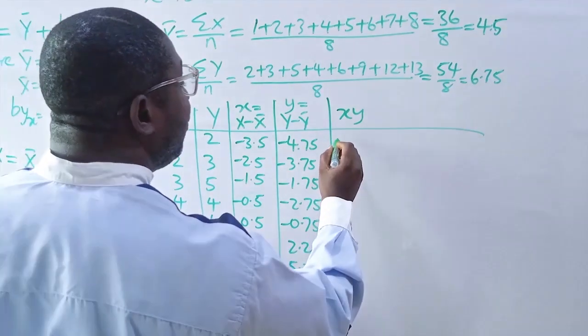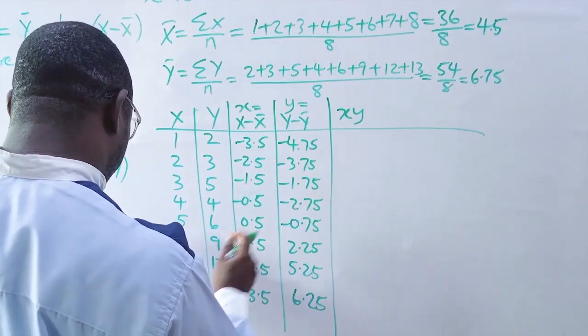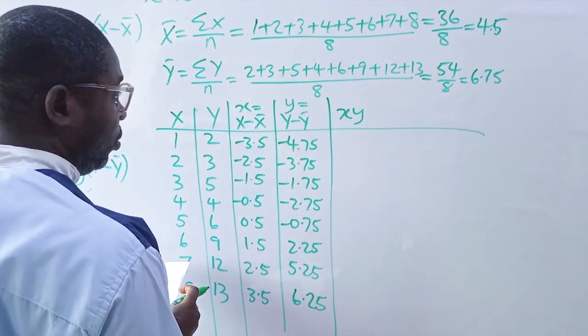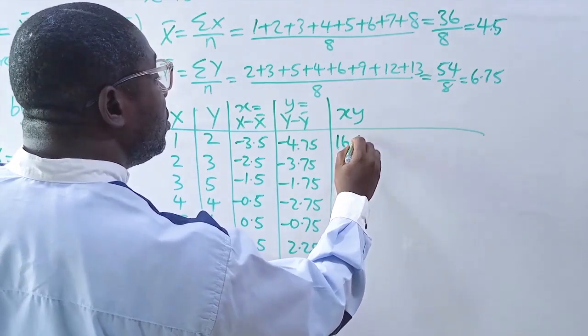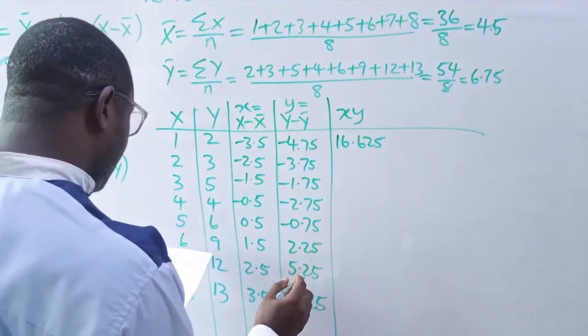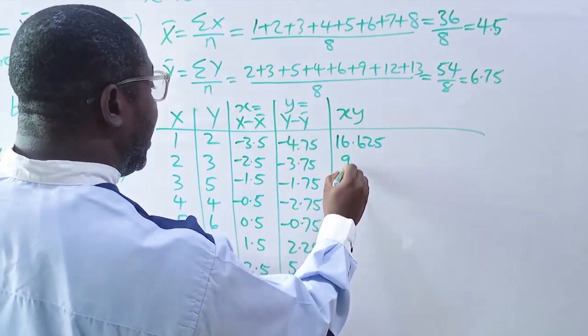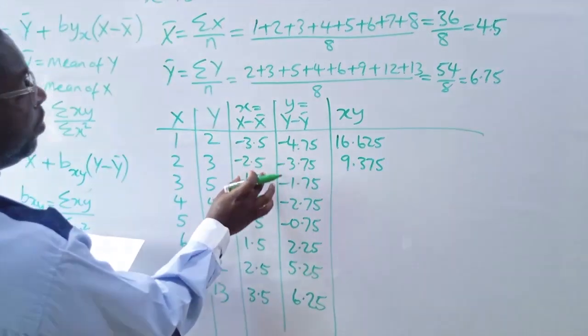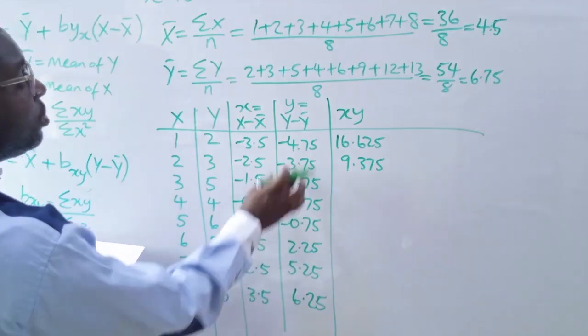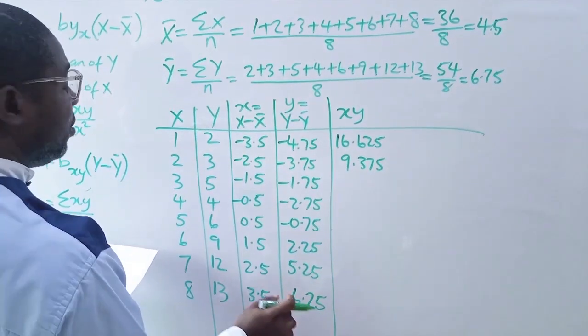So what we have, if we do it as we have here in our solution, is 16.625. The next one will be 9.375. That is, we're multiplying these x values by these y values.